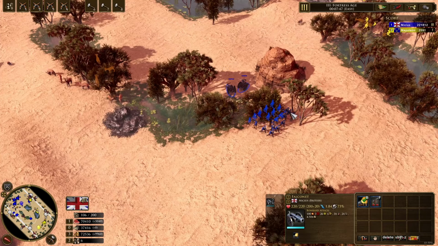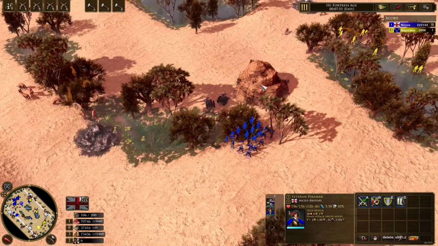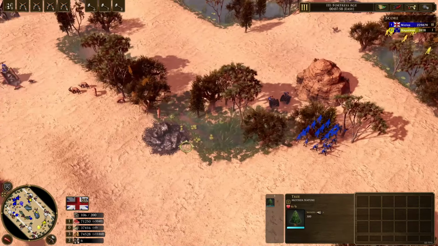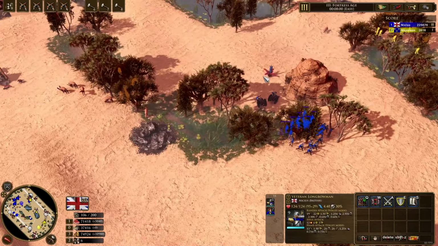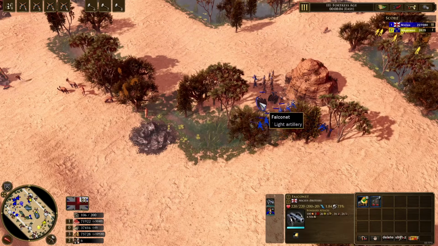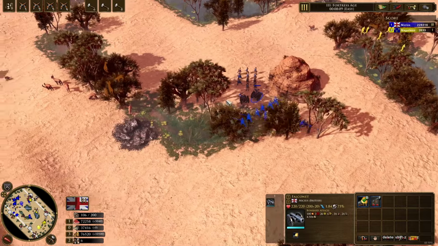In this way, they are only really approachable from 2 sides, either from the south or the north. They're completely obstructed by the cliff here, and they're completely obstructed by the pond on the left. Which means that if there is cav approaching, your army can defend from the north or the south, and the Falk can do all the other work.